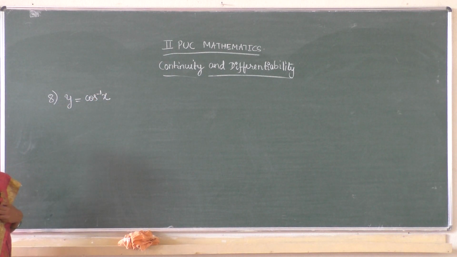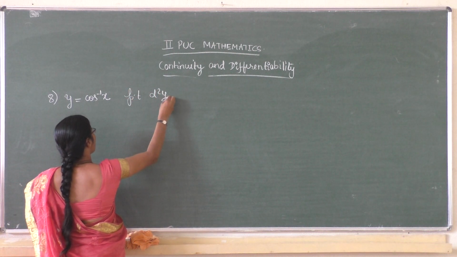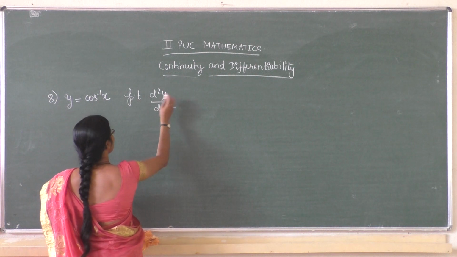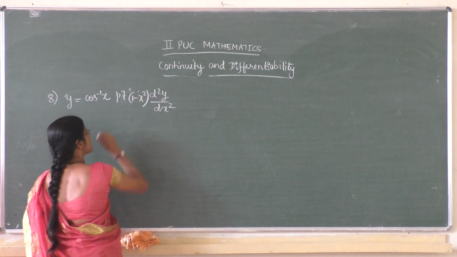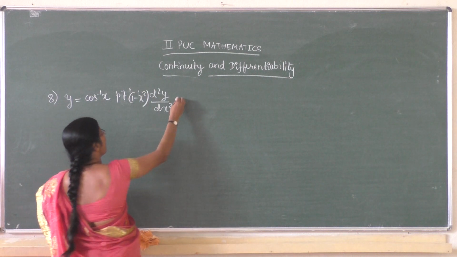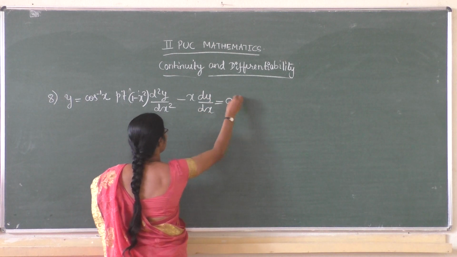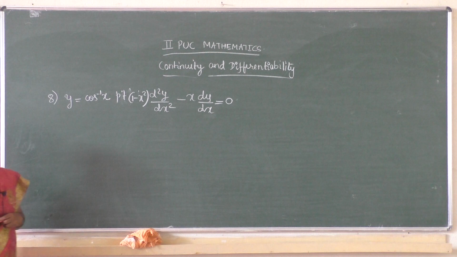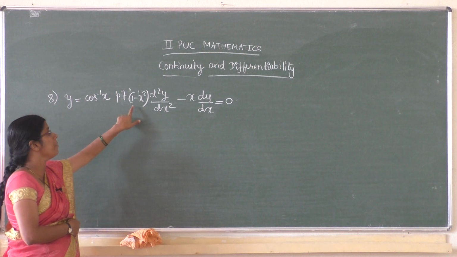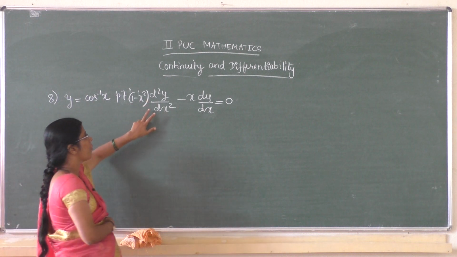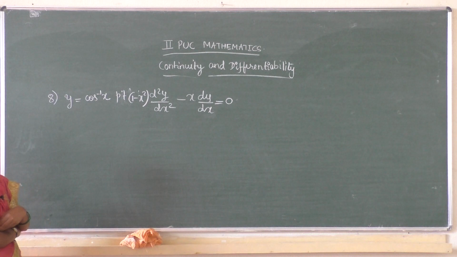Prove that 1 minus x square into d square y by dx square minus x into dy by dx is equal to 0. Okay, y is equal to cos inverse of x, then you have to prove that 1 minus x square into d square y by dx square minus x into dy by dx is equal to 0.